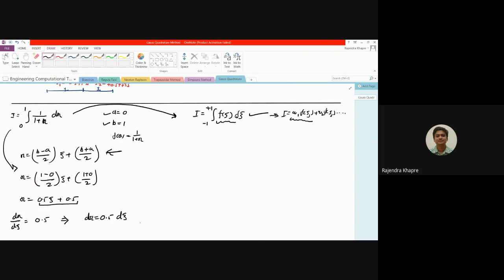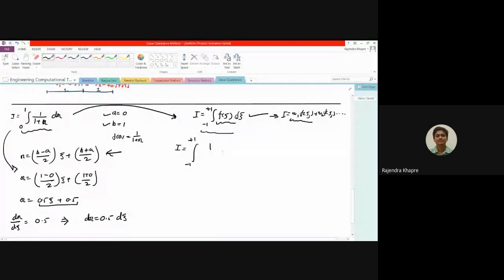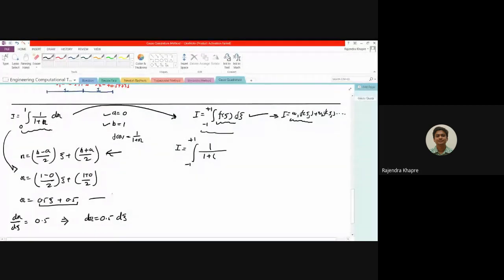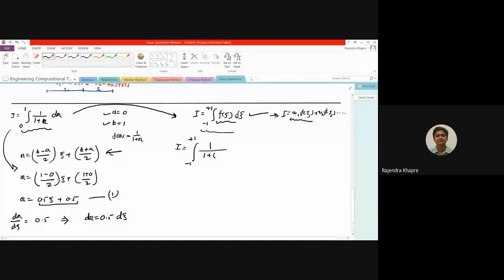Now if I want to convert this expression into this expression, what should be done? For this purpose I am going to write this I. Since we are converting, the limits will become -1 to +1, and f of xi will be the same as 1 upon 1 plus x, but in place of x I am going to replace this term, because I already know the value of x.